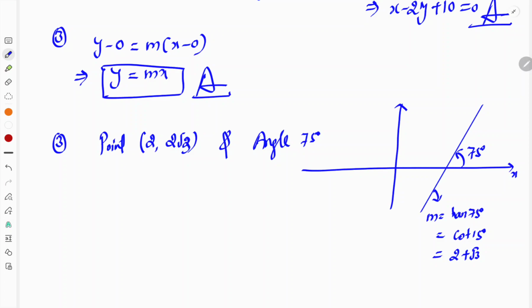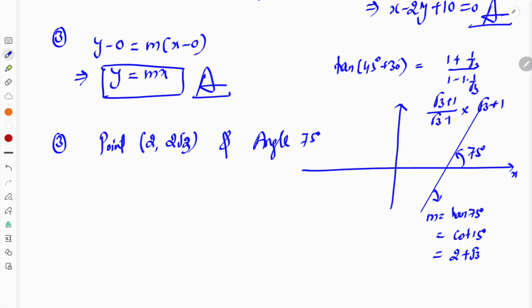How are we getting this? Otherwise, you can find tan 75 directly. Tan 75 means tan (45 degrees plus 30 degrees). So it is (tan A plus tan B) divided by (1 minus tan A tan B), where tan 45 degrees is 1 and tan 30 degrees is 1 by root 3. So it becomes (root 3 plus 1) divided by (root 3 minus 1), multiplied by (root 3 plus 1) on both.